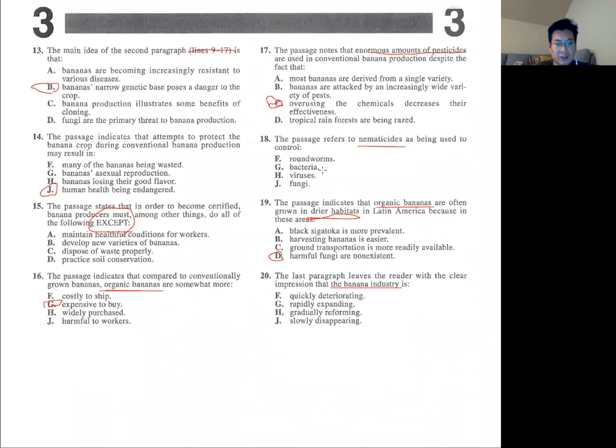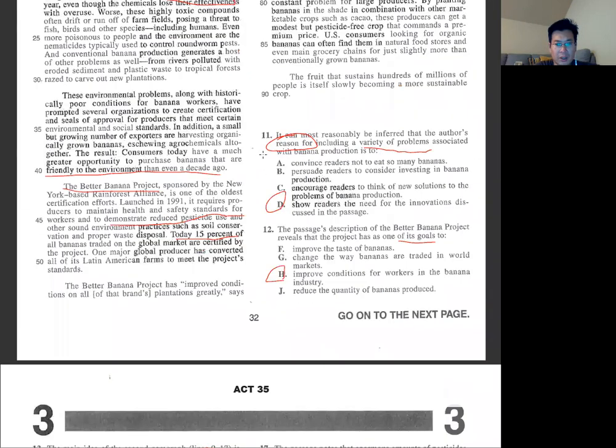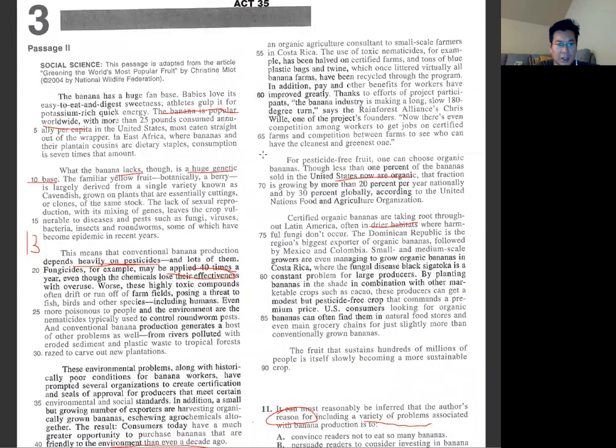And this is like common sense too. And then 18, the nematicides, you can find it from line 55. The uses have been halved in the certified farms, tons of blue plastic and so on.